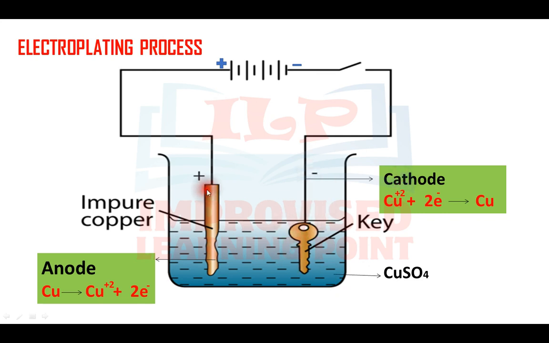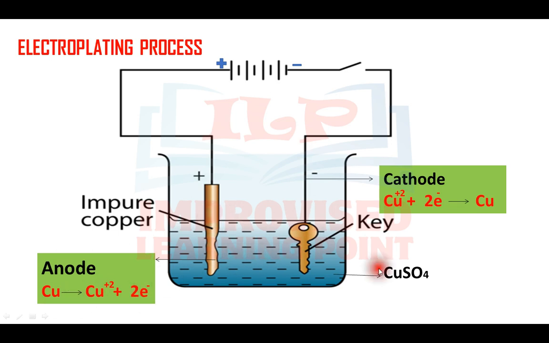And the object whose layer you want over this object, you put at the anode. This positive sign indicates the anode, this negative sign indicates the cathode, and electrons are absorbed at the cathode and released at the anode.